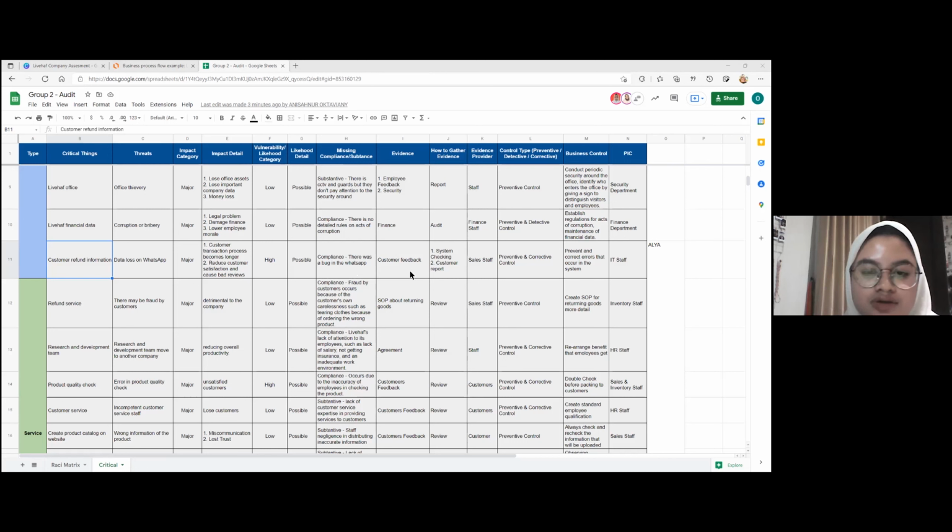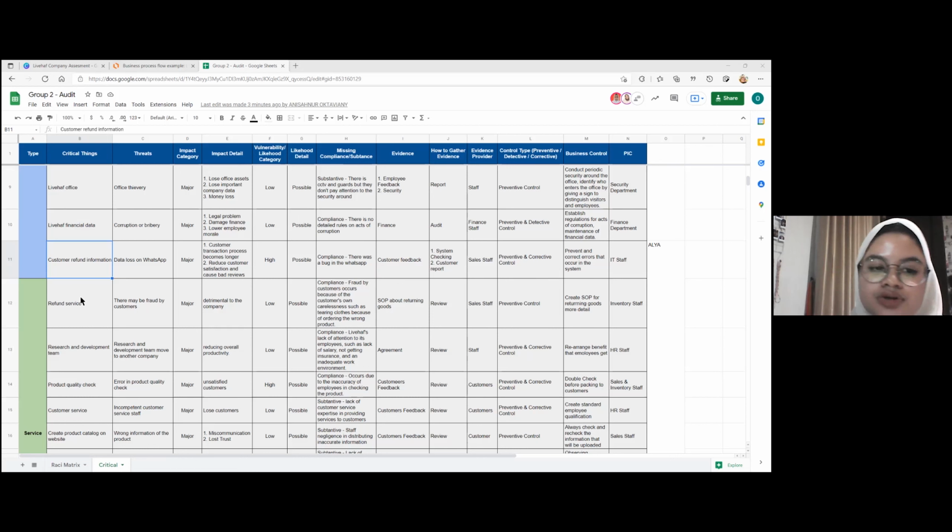The evidence of this threat would be from customer feedback, gathered from system checking and customer reports. The evidence provider would be the sales staff, and to control this we use preventive and corrective control to prevent and correct errors that occur in the system. And the PIC would be the IT staff.